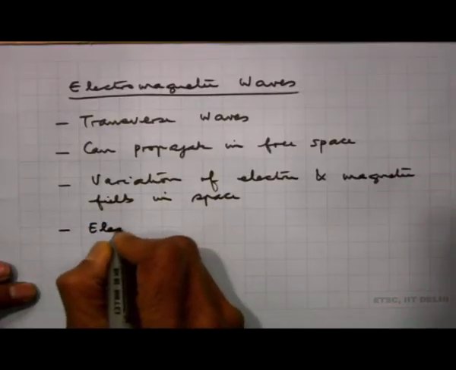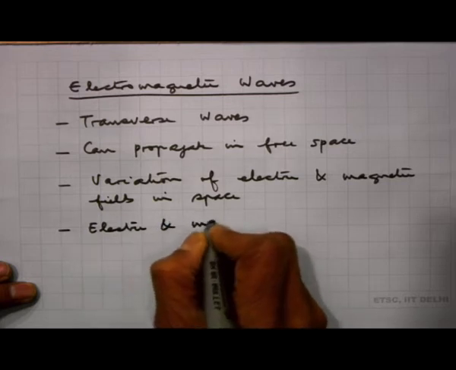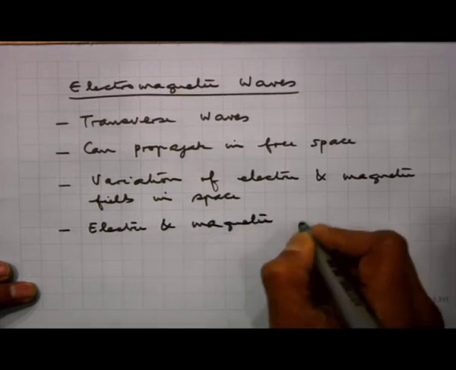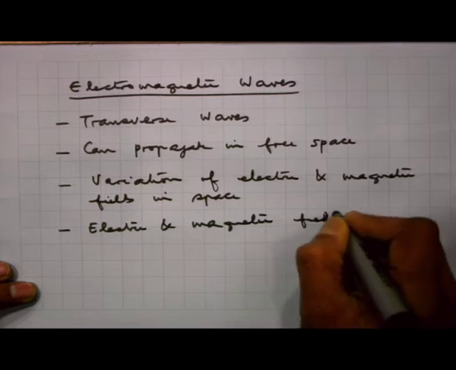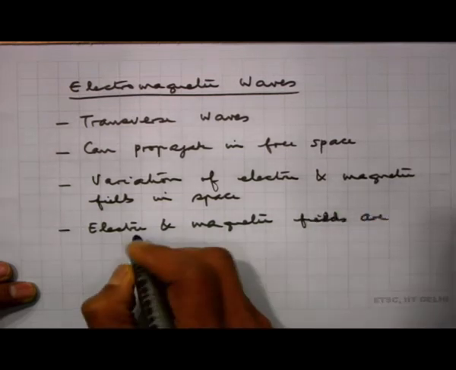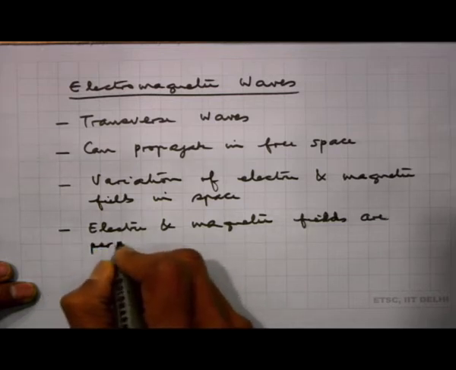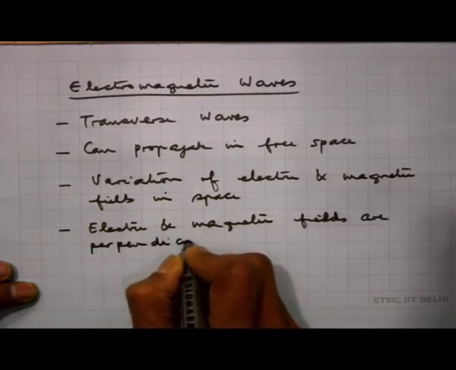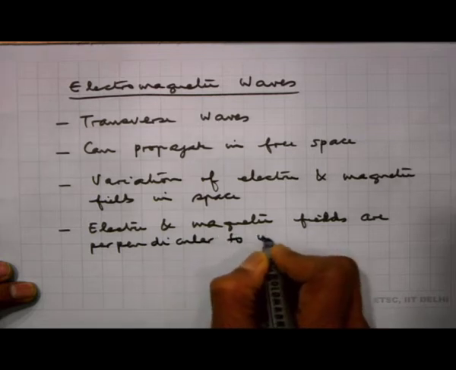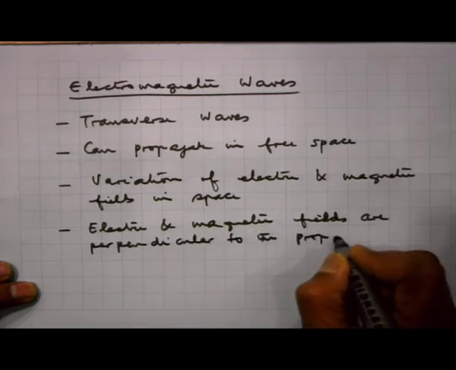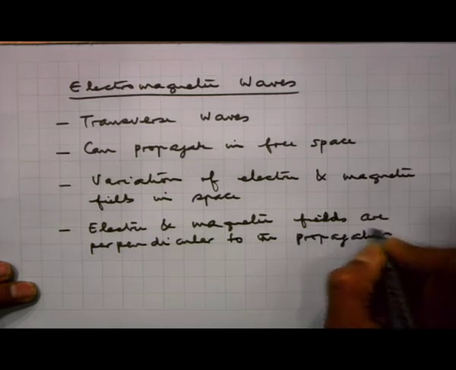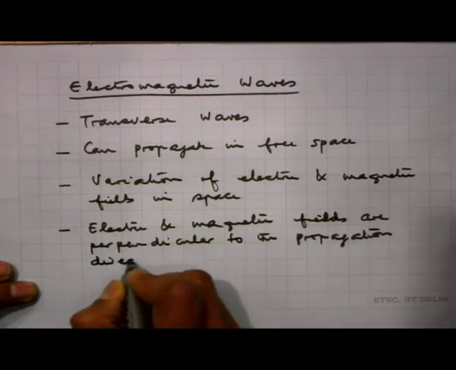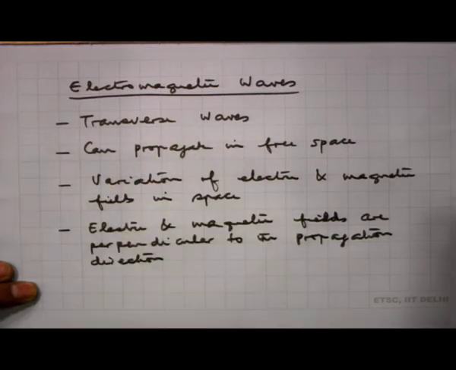The electric and magnetic fields are perpendicular to the propagation direction. That is why they are called transverse waves. The electric and magnetic fields of the wave are perpendicular to the propagation direction.